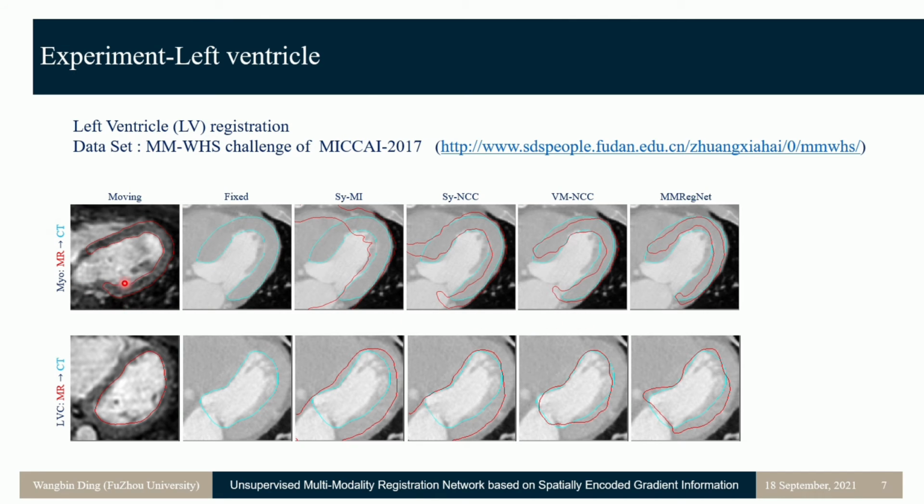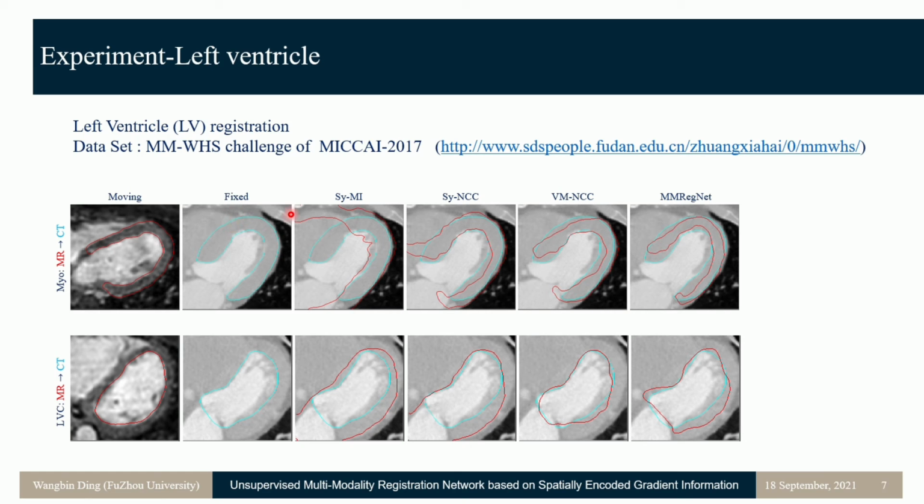We perform CT and MR image registration in these tasks. The red curve delineates the myocardium or the blood pools in the moving or moved image, and the blue curves indicate the myocardium and the blood pool in fixed images.